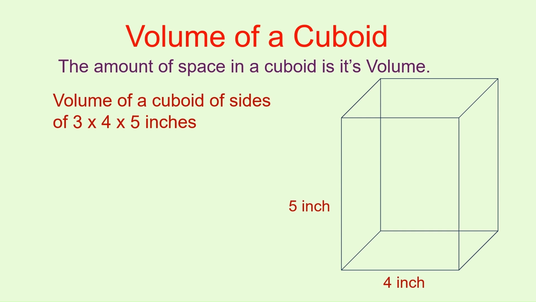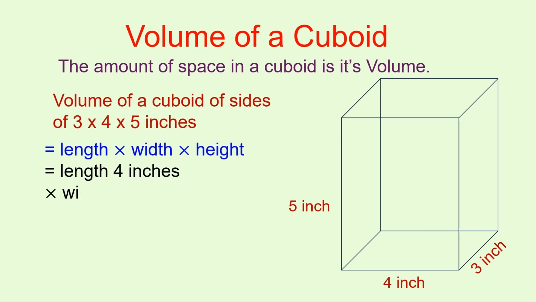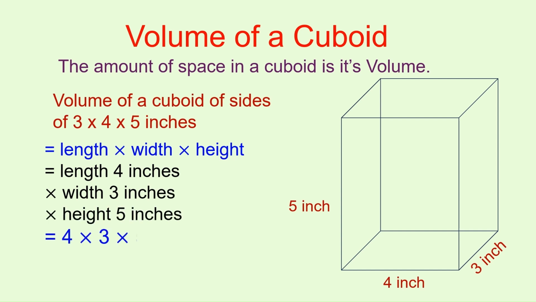Volume of a cuboid of sides of 3 by 4 by 5 inches equals length 4 inches times width 3 inches times height 5 inches, which is 4 times 3 times 5 equals 60 inch cubed.